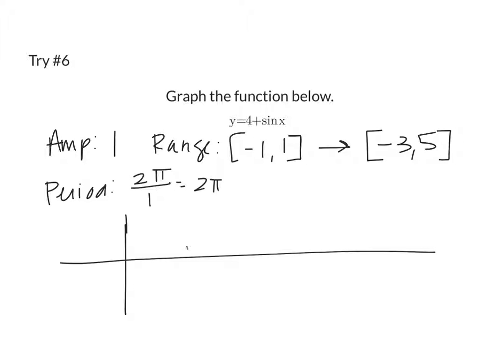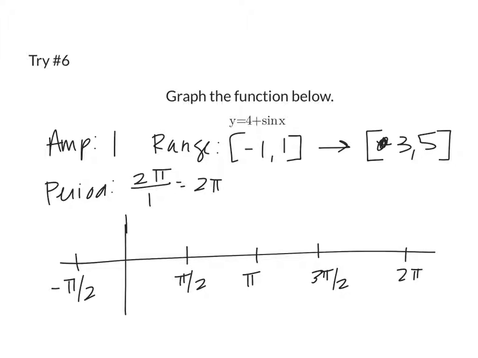So this is pi over 2, pi, 3 pi over 2, and 2 pi. I know it's really stretched out, but I need to give myself a little bit of room with this stylus. And again, our range is from, oh wow, I made a mistake, didn't I? -1 plus 4 is +3, not -3.